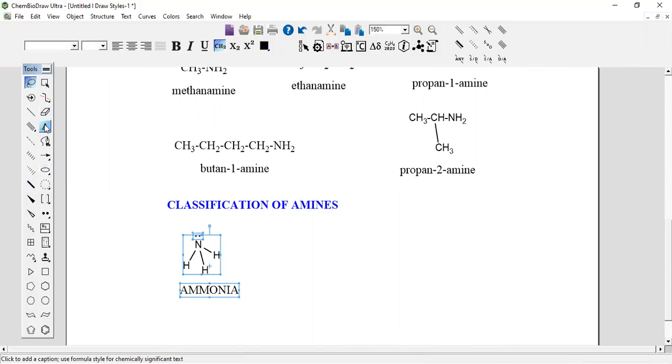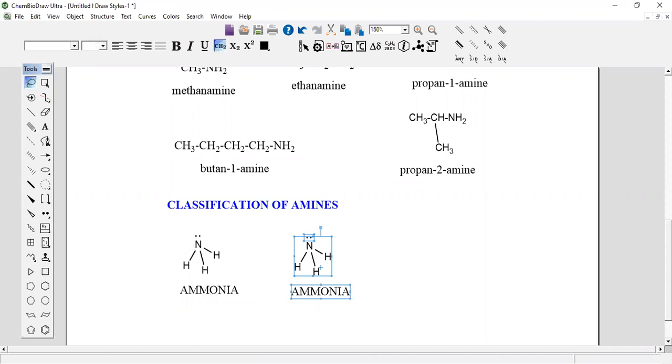Suppose in this ammonia, I replace one hydrogen with one alkyl group. Among the 3 hydrogens, one hydrogen is replaced by an alkyl group.